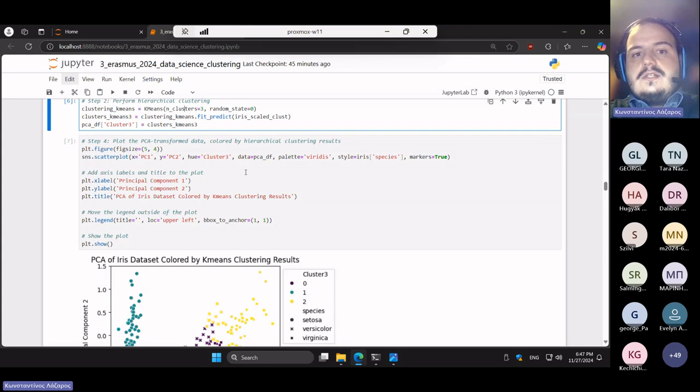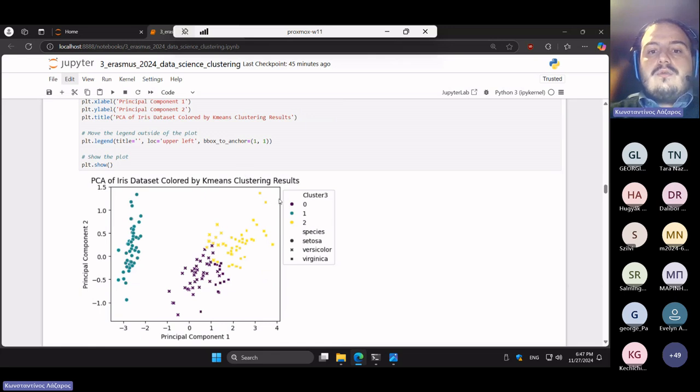But in most cases, especially in the context where we don't know the ground truth of our data, the simplest thing to do is try out many different values of k. The reason why we picked 3 clusters in particular, in our case here with Iris, is because we based that decision on the ground truth.